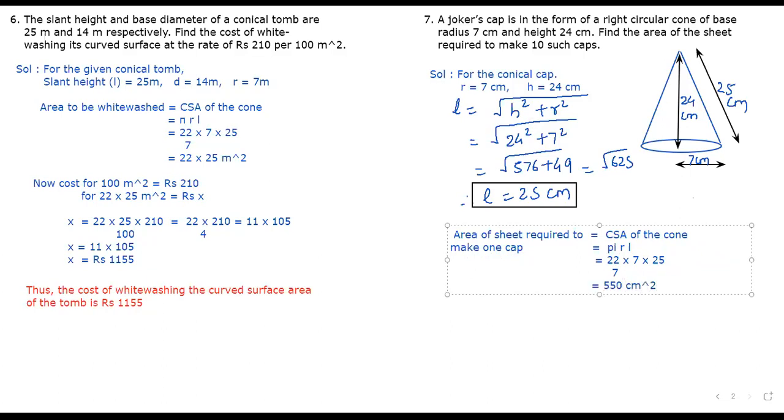And we have to make 10 such caps. Yes or no? Yes. So the area of sheet required for 10 such caps means area into 10, right? 10 into 550, that would become 5500 centimeters square.